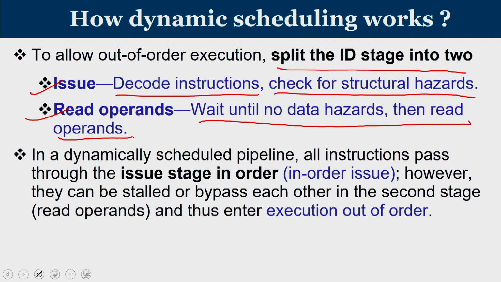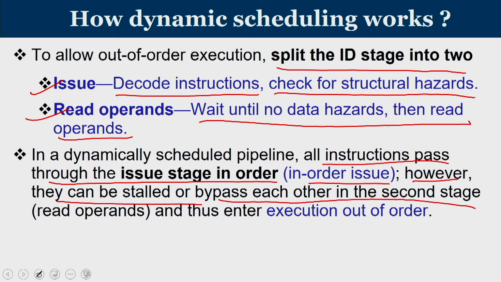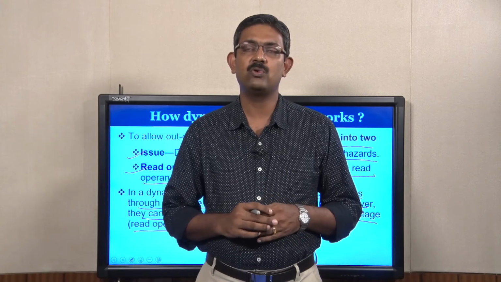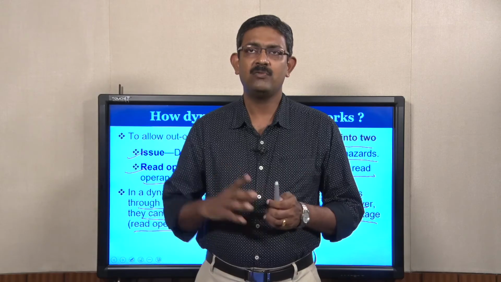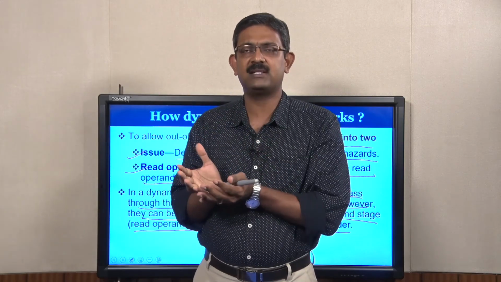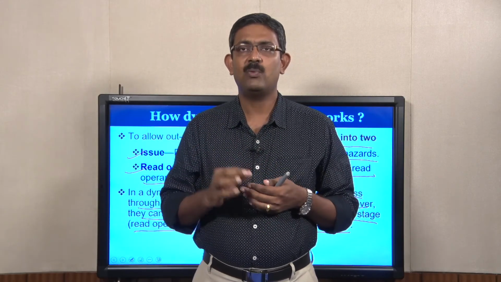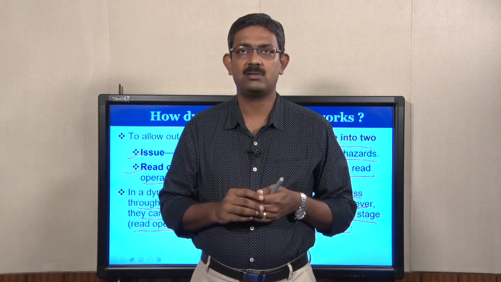So, in a dynamically scheduled pipeline, all instructions pass through the issue stage in order, that is what is known as in order issue. However, they can be stalled or bypass each other in the second stage and thus enter execution out of order. So, what we have to understand in the case of a dynamic scheduled processor is, we are going to bring instructions and then see whether the functional unit is available or not.